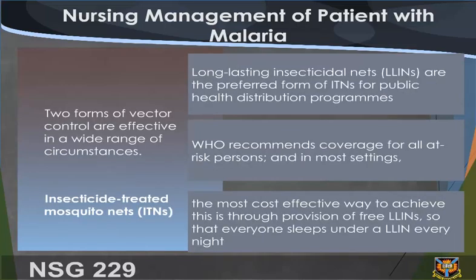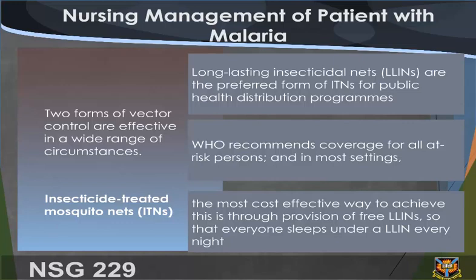Two forms of vector control are effective in a wide range of circumstances. Insecticide-treated mosquito nets, ITNs. Long-lasting insecticidal nets, LLINs, are the preferred form of ITNs for public health distribution programs.